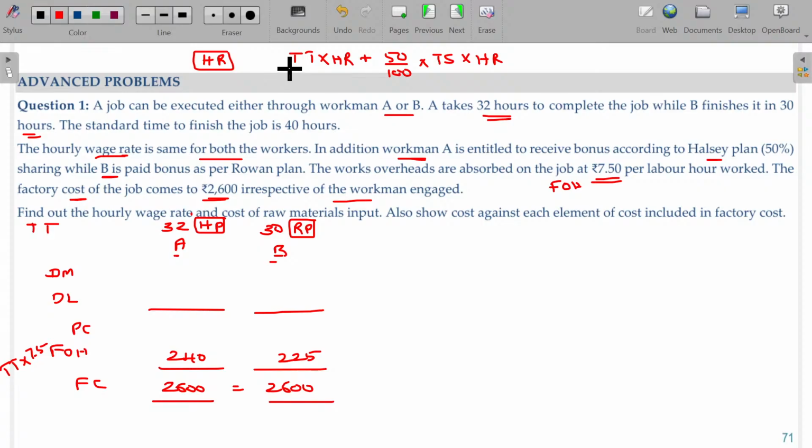For time taken being 32, 32 into hourly rate, you can assume that the hourly rate is X. Clear?